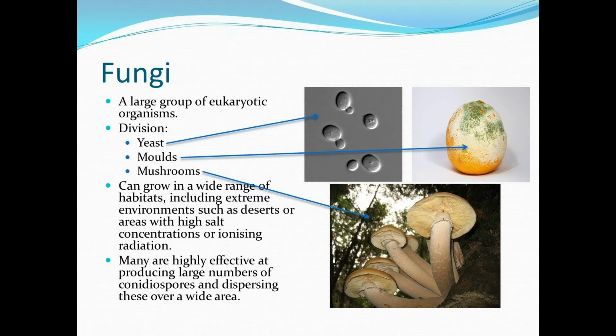These are divided into those that produce opaque, creamy, or pasty colonies, and these tend to be called yeasts. There are those that produce cottony, woolly, fluffy, or powdery aerial growths, and these are called moulds. But sometimes this distinction between yeasts and moulds is not always clear cut.